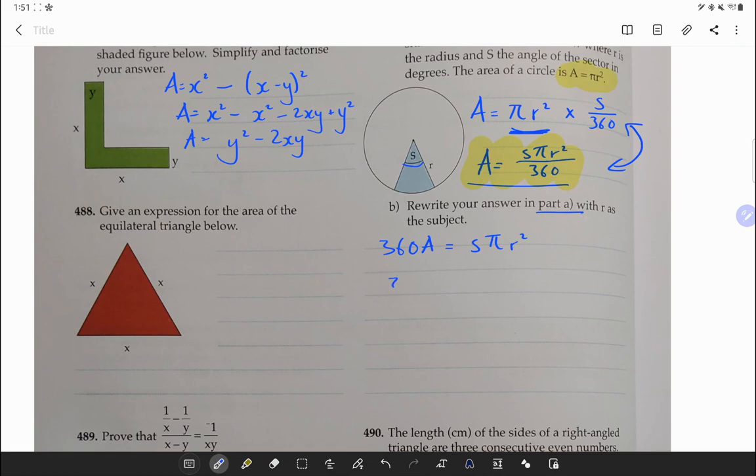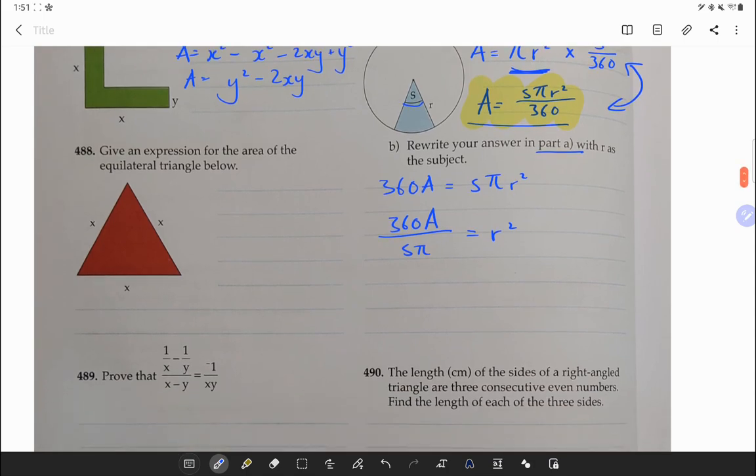So 360A over s pi equals r squared. And to get rid of that squared there, I'm going to put a square root here, just to do two things at the same time. And there you go. Boom.